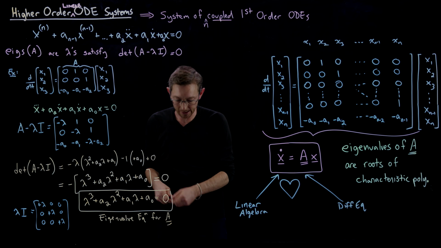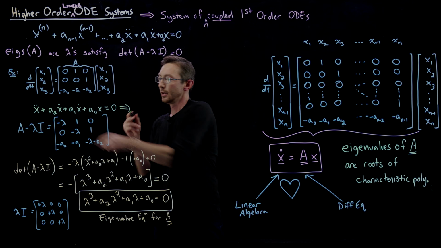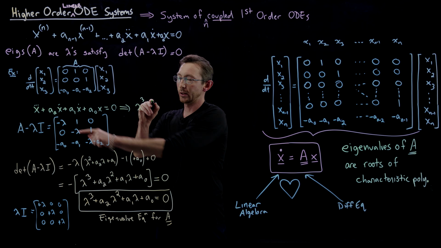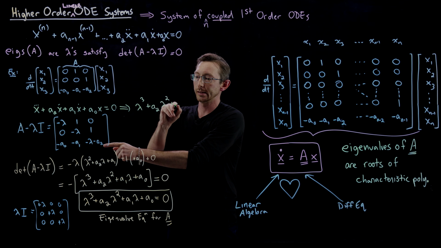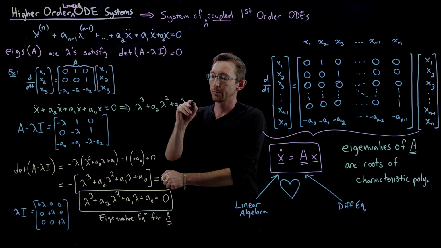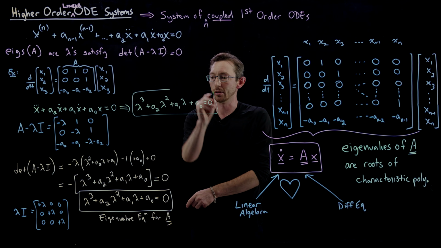And the characteristic polynomial for this differential equation is very similarly lambda cubed plus, you can read it off, A2 lambda squared plus A1 lambda plus A0 equals 0. This is the characteristic polynomial.